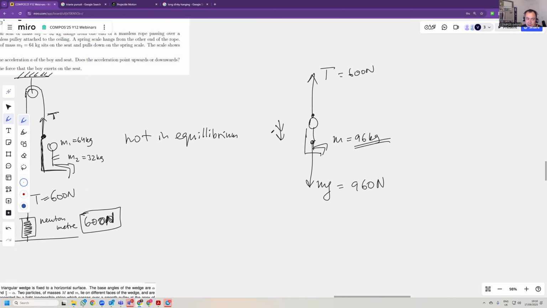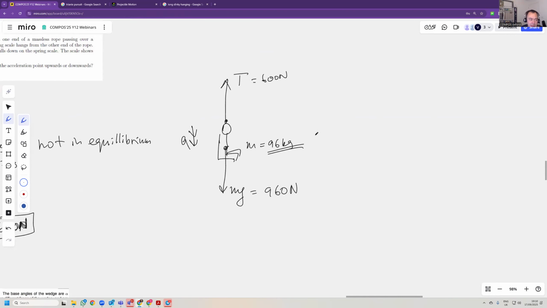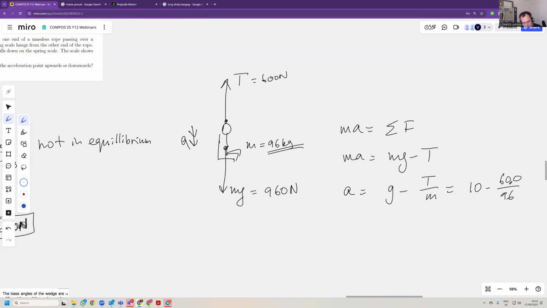So the boy must be accelerating downwards. Mass times acceleration is the sum of forces, so ma is mg minus tension, and acceleration is g minus T over m. g is 10 minus T, which is 600 divided by 96. 600 divided by 96 is 6.25, and 10 minus that is 3.75.